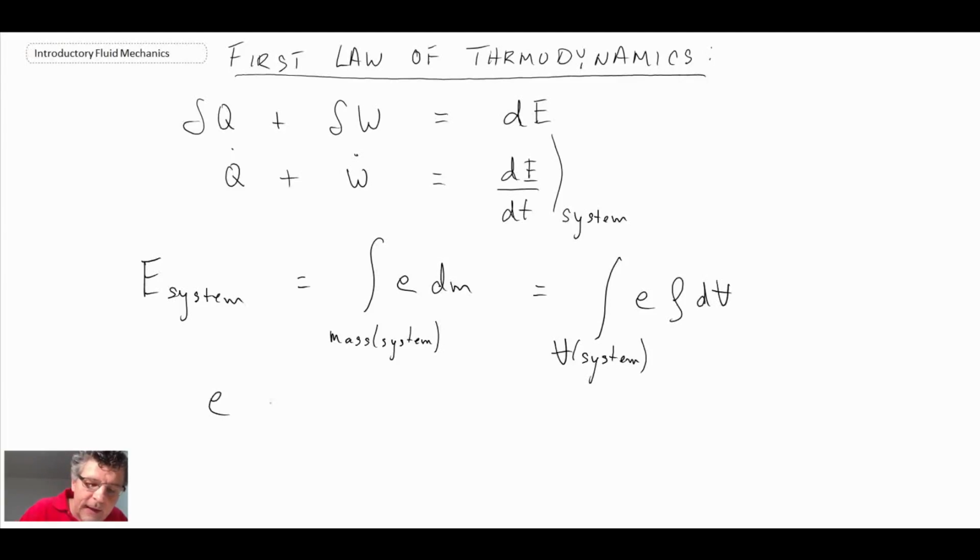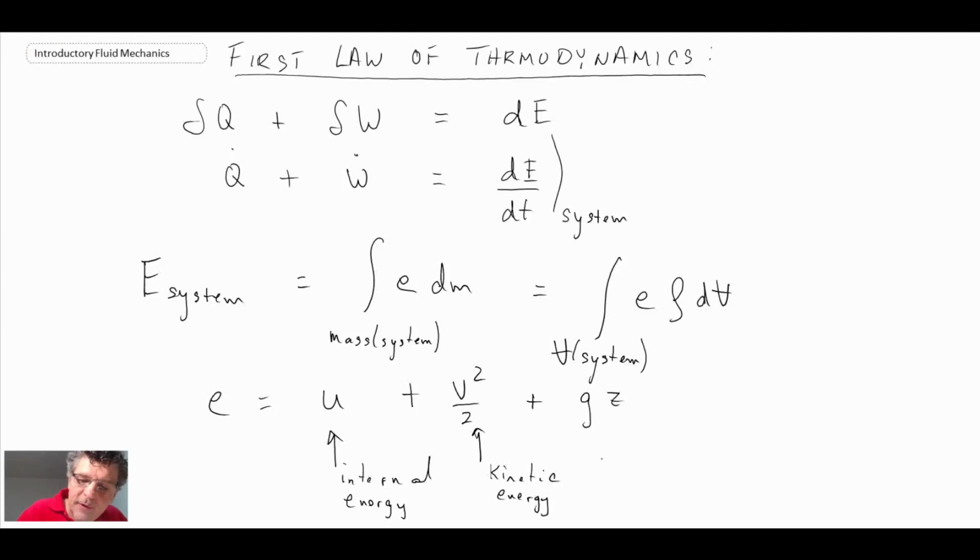And little e is defined then as being u plus v squared over 2 plus gz, and this would be our internal energy. The second one is kinetic energy. And then the last one is potential energy.